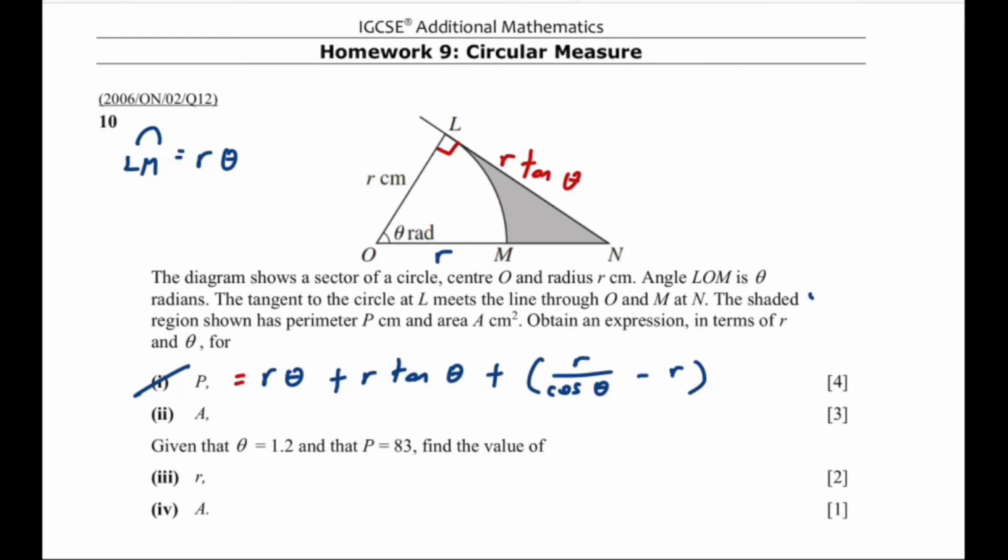So area of right angle triangle is 1 over 2, height r, base r tan theta, minus 1 over 2, area of sector, r squared theta. So this is how you express it. Can we simplify further? Yes, maybe you can combine these into r squared: 1 over 2 r squared tan theta minus 1 over 2 r squared theta. That is the answer for part 2.